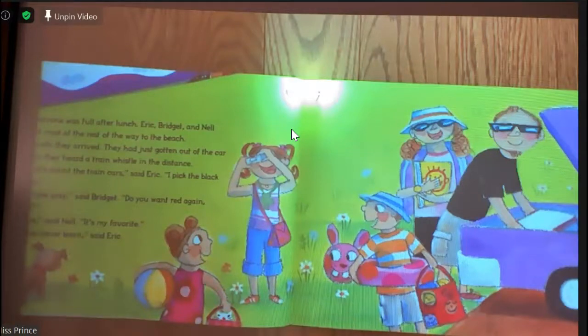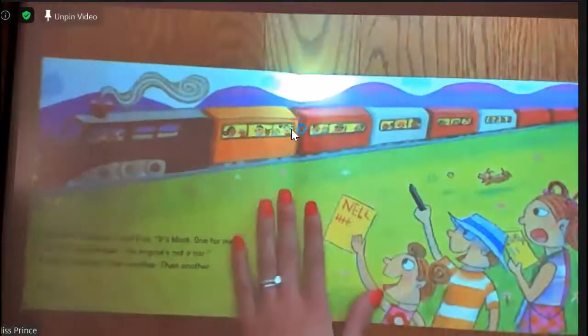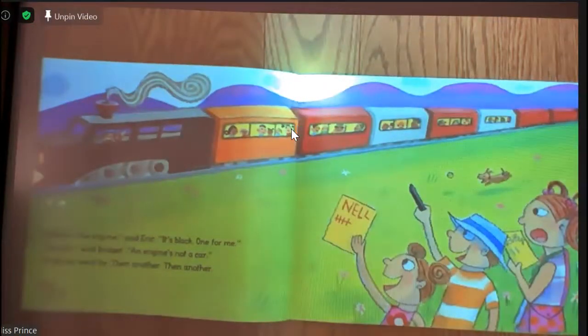Do you want red again, Nell? Yes, said Nell. It's my favorite. You never learn, said Eric. There's the engine, said Eric. It's black. One for me. No fair, said Bridget. An engine's not a car.